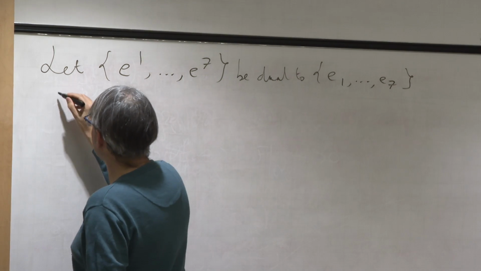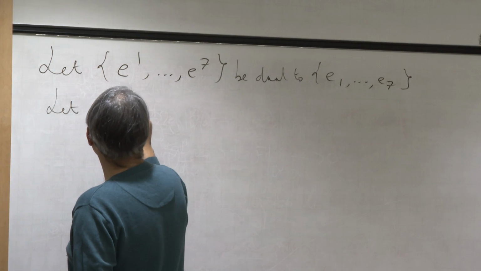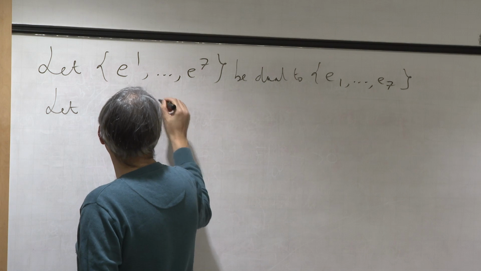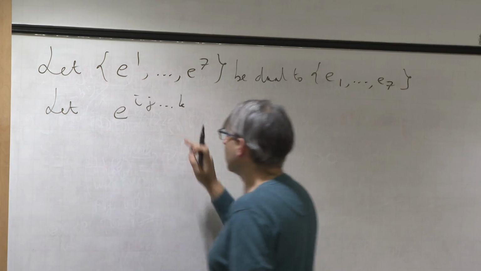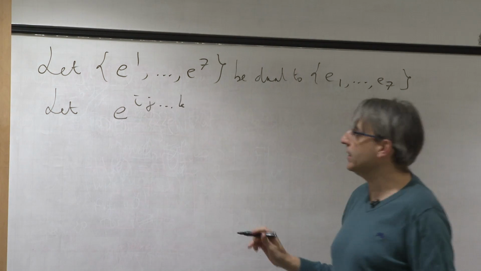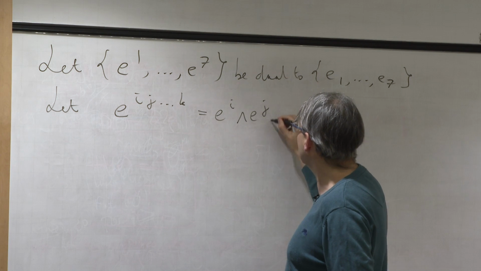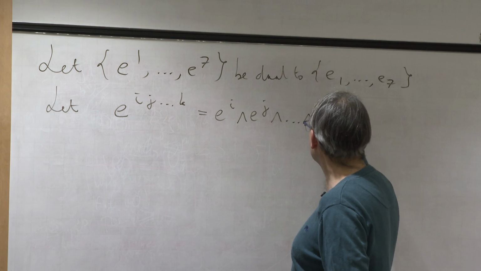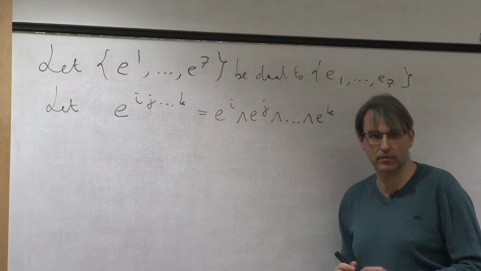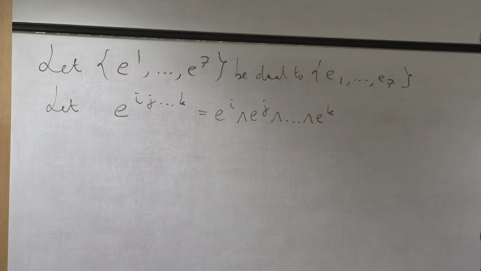And then for notation, if I see a concatenation of upper indices, like Eijk, what this means is that I'm taking the wedge product of Ei wedge Ej wedge Ek. This is just to simplify my life.